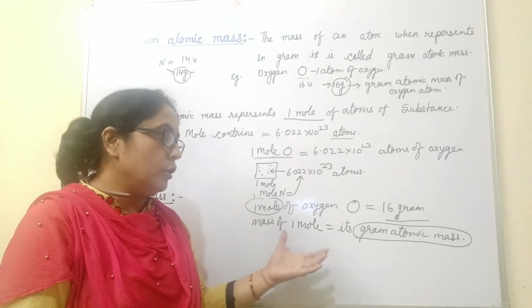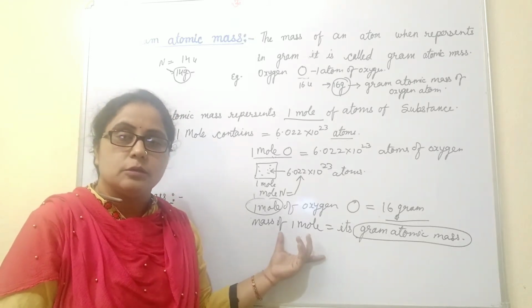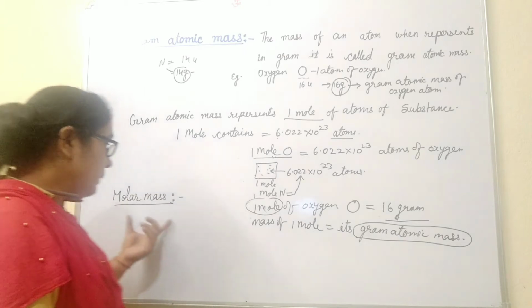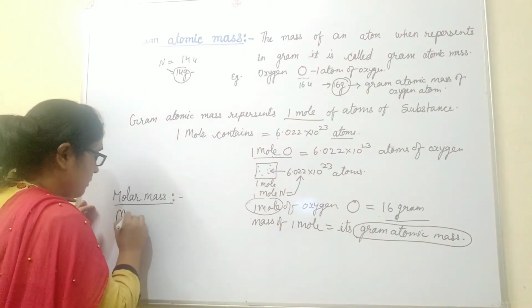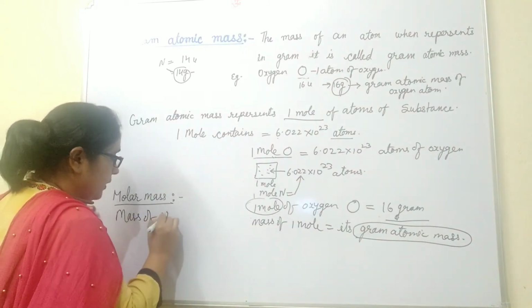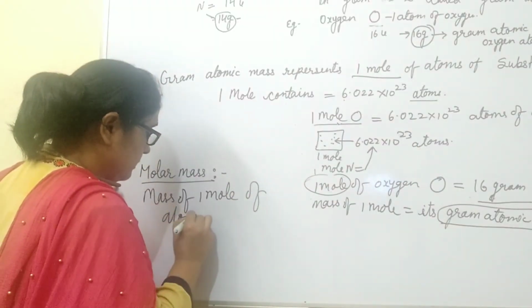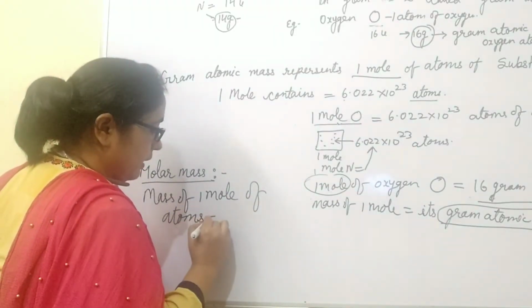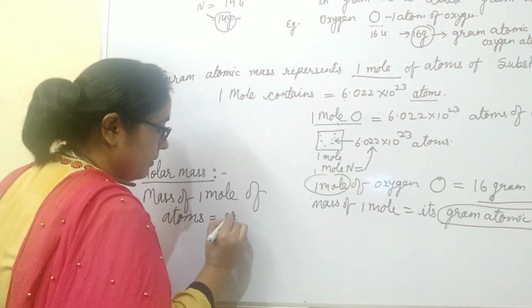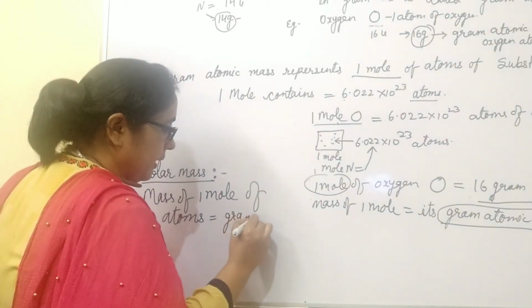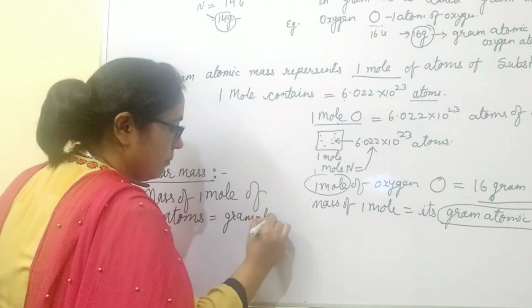The mass of 1 mole of atoms is called its molar mass. So molar mass is the mass of 1 mole of atoms, that is equivalent to its gram atomic mass.